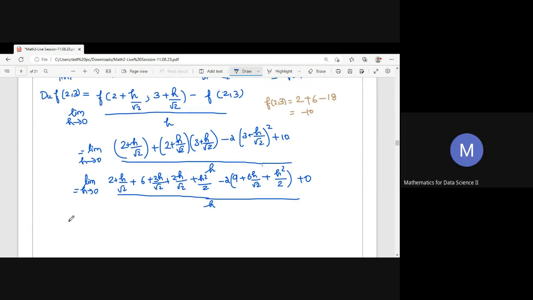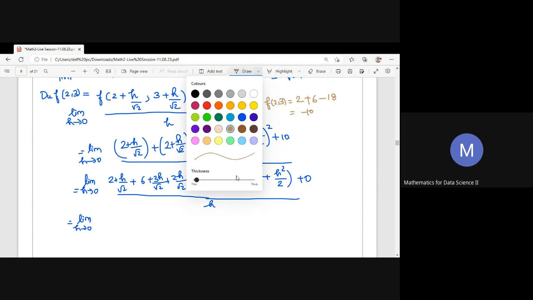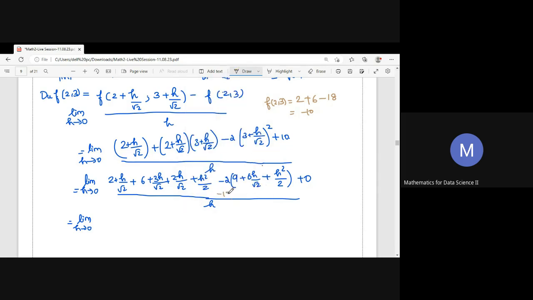When you do the simplification, you first have to multiply this. What are the terms you are getting? Minus 18, minus 12h by root 2, minus 2 h squared by 2, so minus h squared simply. And here minus h squared by 2, and 2 and 2 will get cancelled. So these are the terms you are getting.